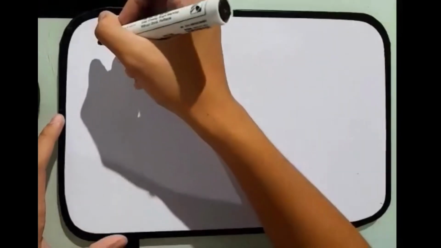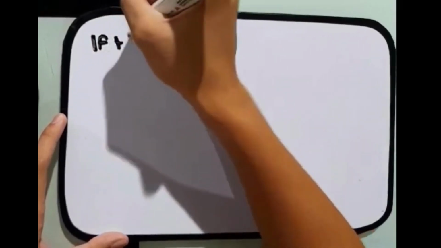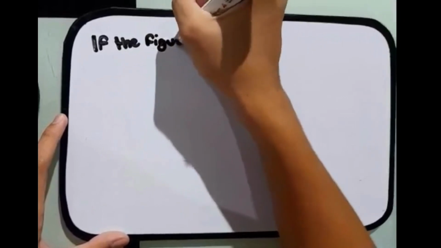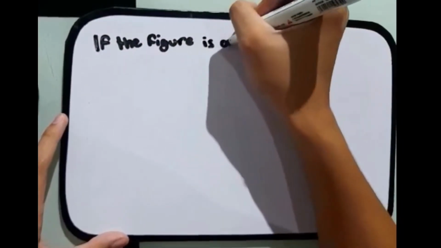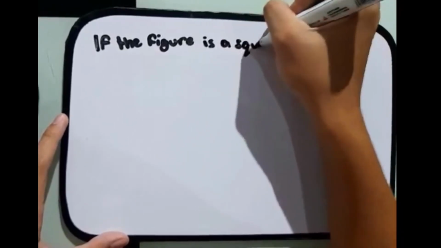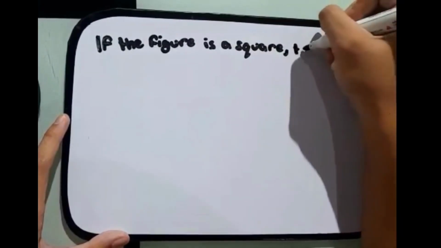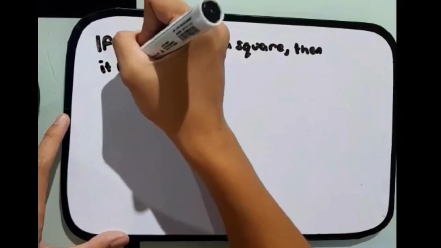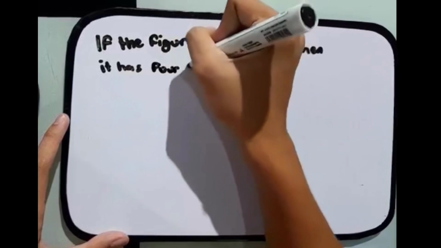Let's try this example. The original sentence is, if the figure is a square, then it has four sides.